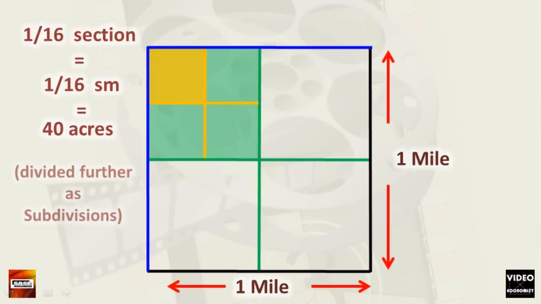If we subdivide further, where we have land which is 1/4 mile by 1/4 mile, this is a 1/16 of a section, which is a 1/16 of a square mile, and 40 acres, which is traditionally the size of a workable family farm. This 40 acres can be further divided as a subdivision, residential property.